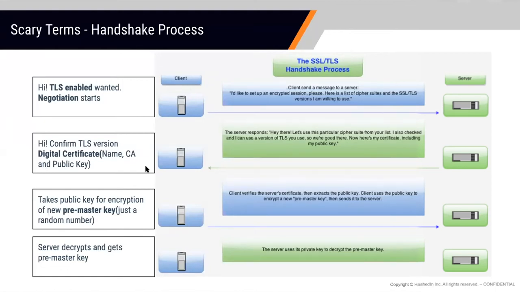Server responds back and says, hey, hi, this is my digital certificate, because in TLS you want to know that I am who I claim to be, right? So this is stamped by a digital certificate, right? So that contains name, CA, and public key. So just imagine a physical certificate, right? You get a lot of certificates of, let's say, AWS certification.